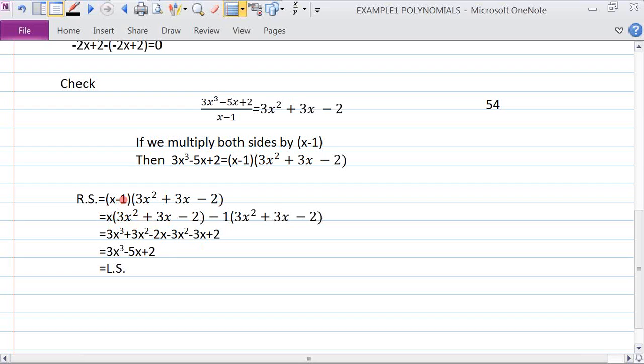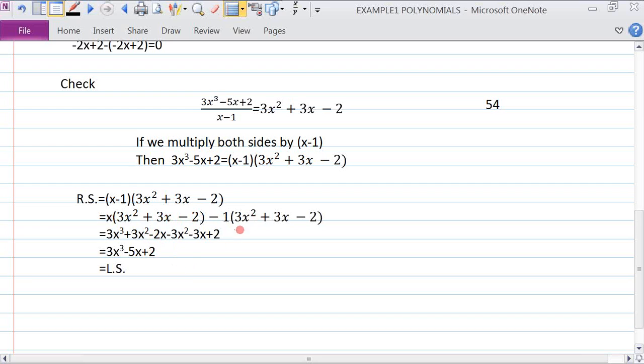And then I'm going to multiply minus 1, which is right here, by all of this bracket, and I get that. And when I remove the brackets, x times 3x squared, I'm using the distributive rule, I get 3x cubed. X times plus 3x gives me plus 3x squared. And x times minus 2 gives me minus 2x.